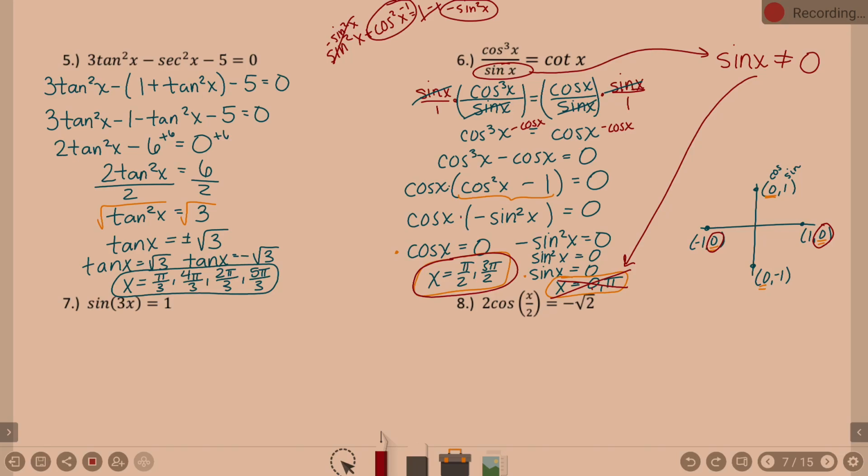Let's go down and try 7 and 8. What's different about 7 and 8? Okay, good description. It's not just x, is it? We've got a 3x or an x over 2, as Autumn said, an alteration. Something different, right?